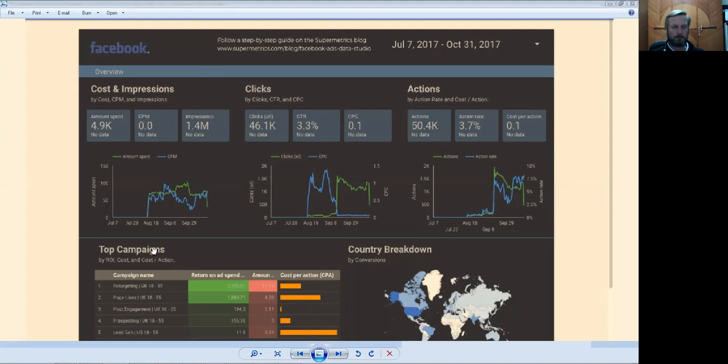Then now they're talking about top campaigns, return on investment, cost, and cost per action. Once again, that's this cost per action. I'm trying to think if it relates to a return on investment. I'm not sure. It might relate to that, but then why would you have return on investment? Nonetheless, page likes, unfortunately, you can't really see it very well here. 1,000, you see, that's a return on ad spend.